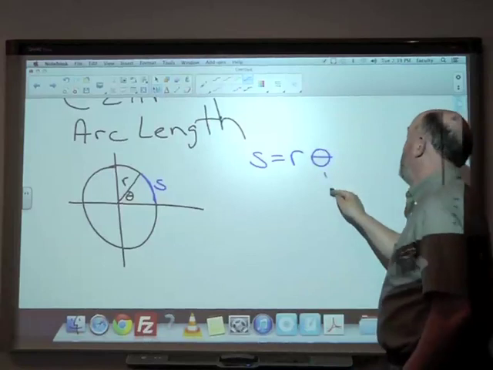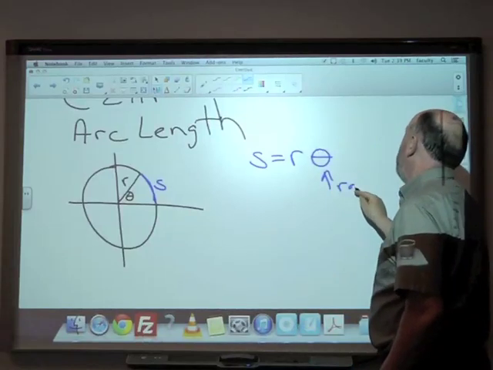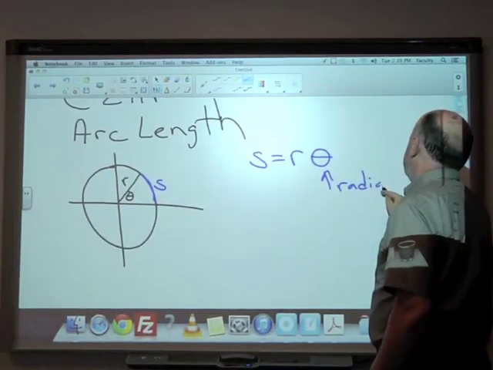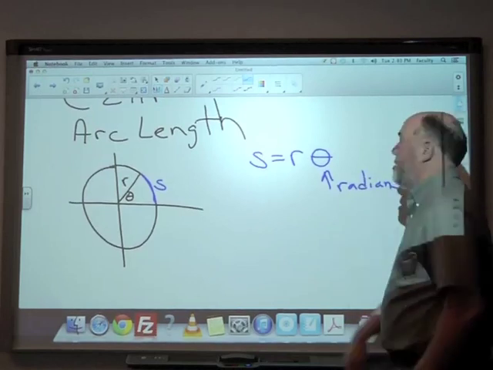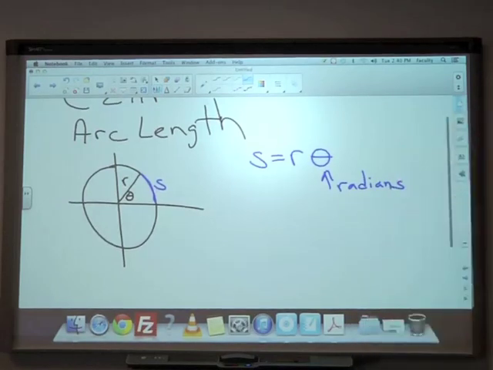This number must be in radians. So if the angle was given in degrees, the first step would be to convert that into radians and then find the arc length.